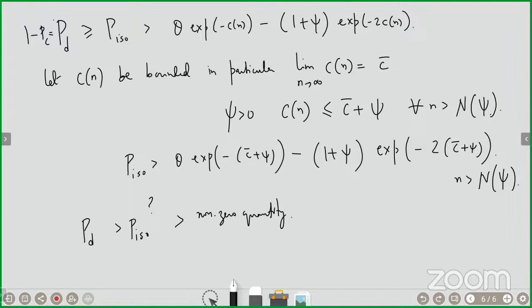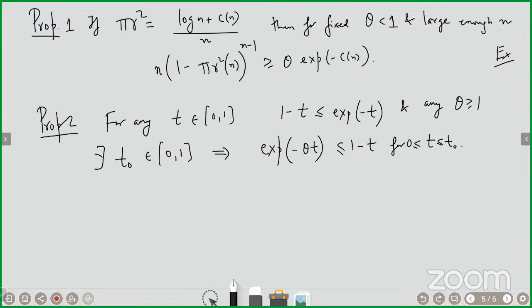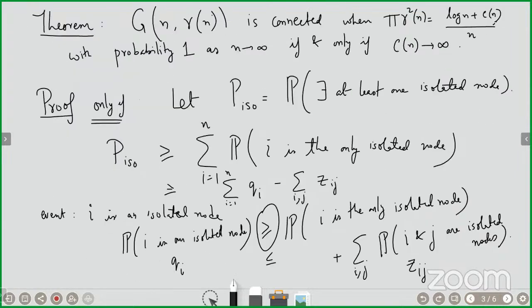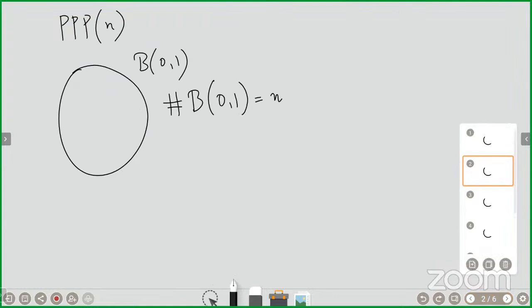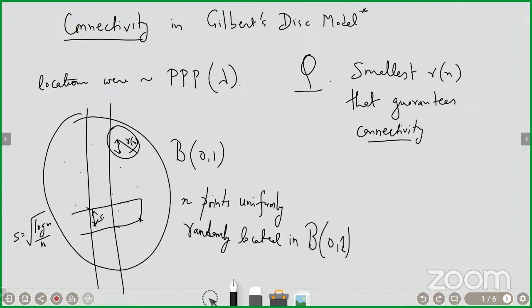We'll show another direction that is also sufficient. How it goes to infinity is immaterial, as long as it goes to infinity. All this is gory details. I'll keep referring you back to this picture. Keep that in mind. That's really giving you all the intuition.